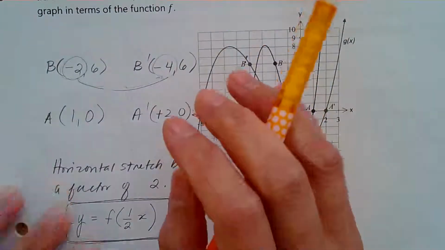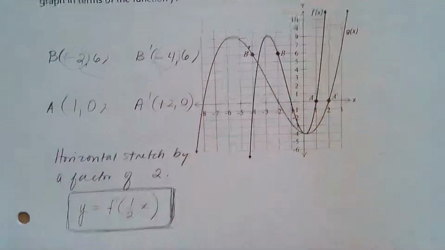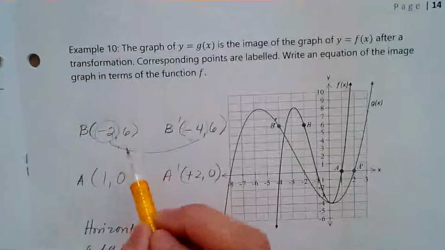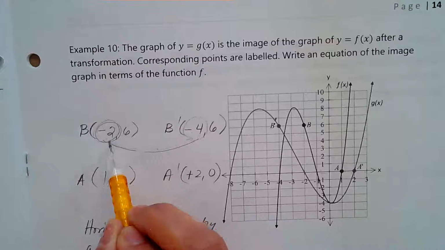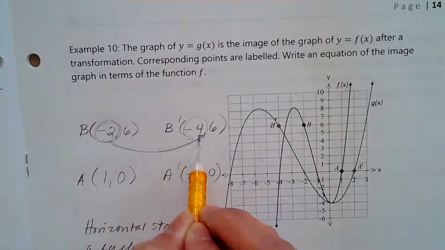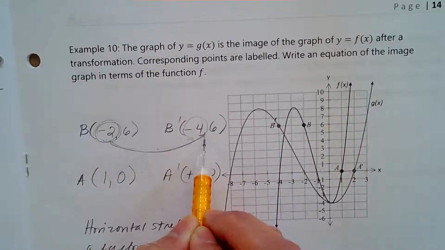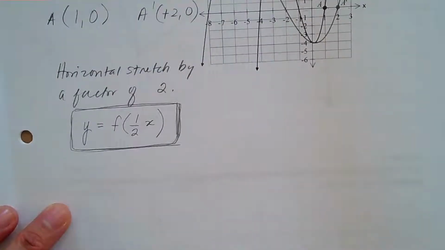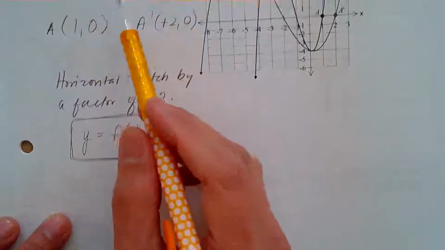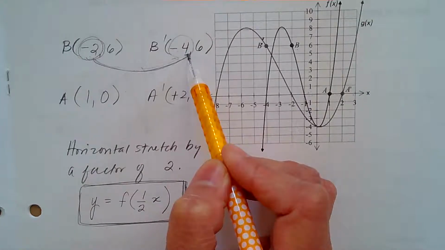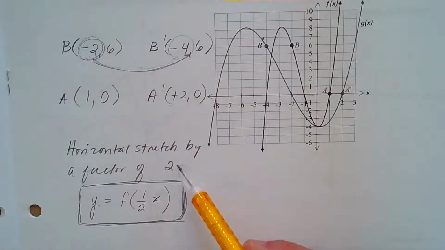How did we get to 2? If you take a look at this one, this is your original one. How much do you need to multiply to get the 4? Times 2. So it's been multiplied by 2. Okay, so that's a factor of 2.